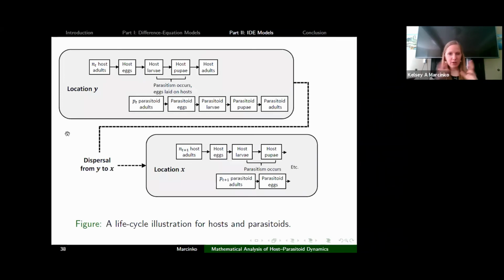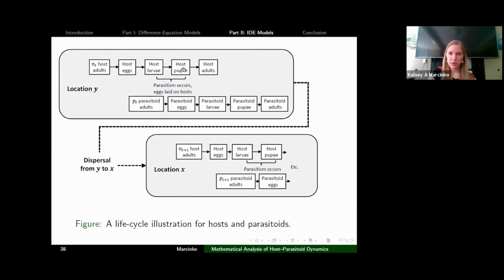To help illustrate what's going on with these different phases, if we think about location Y, a particular host, the host adults at location Y will lay eggs, and the eggs will become larvae. The parasitism either occurs at the end of the larval stage or in the pupal stage.